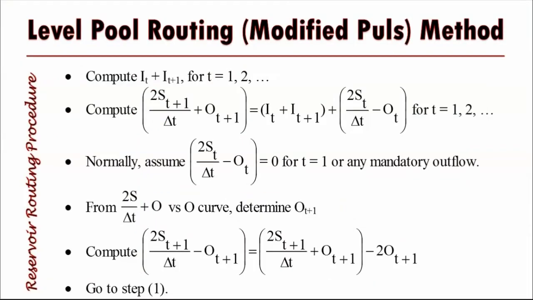routing. So the first step to do in level pool routing is to find an average inflow values, which is this one. Okay, you have to calculate your average inflows. The inflow data at the inlet into the reservoir should be available, should be gauge data, and then from that data, depending on the time steps, you can do the average.